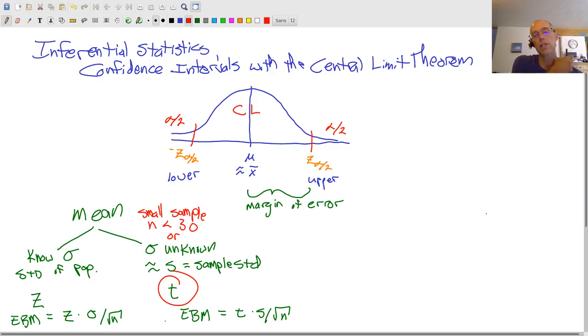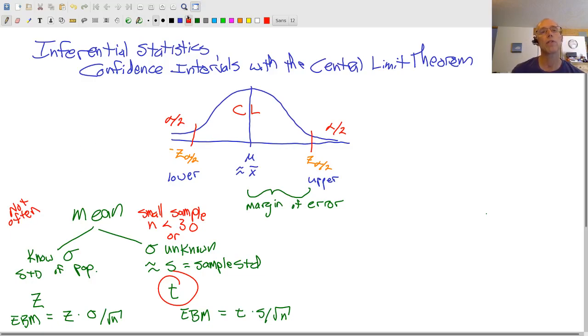So what that means is most of the time we don't know the population standard deviation, so we use a t, and sometimes we have a small sample, so we'd use a t. So it turns out with means and confidence intervals, we don't often end up using a z-score. So this is not often do we do this one right here. I'm going to do it today just for fun, and I'll compare it to that one.